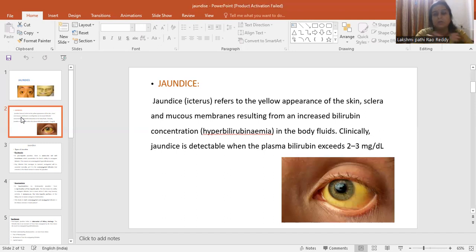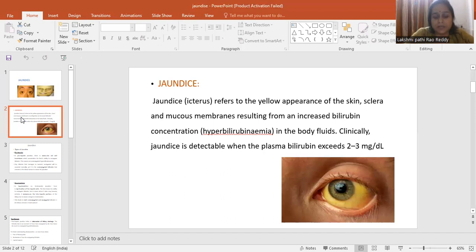Now what is the reason behind this yellowish discoloration of the skin? The reason is increased bilirubin level in the body. Also we can say hyperbilirubinemia. Clinically, we can test the level of bilirubin, which is responsible for development of this yellowish discoloration of the skin.